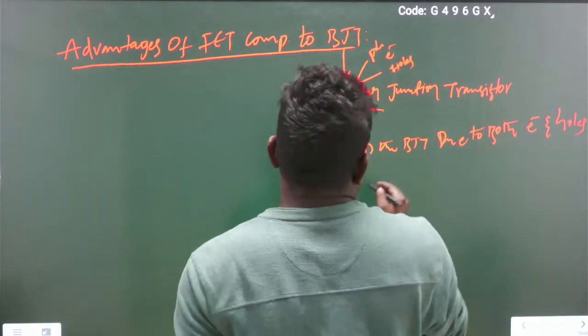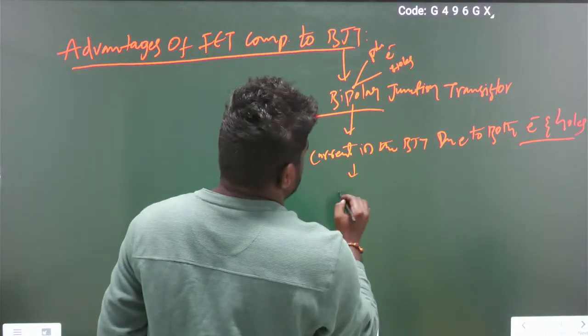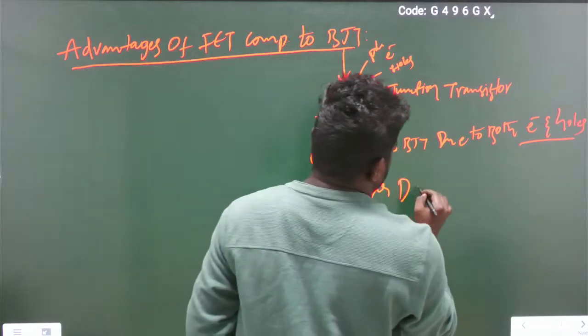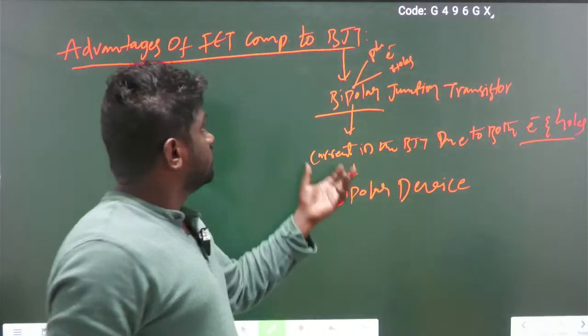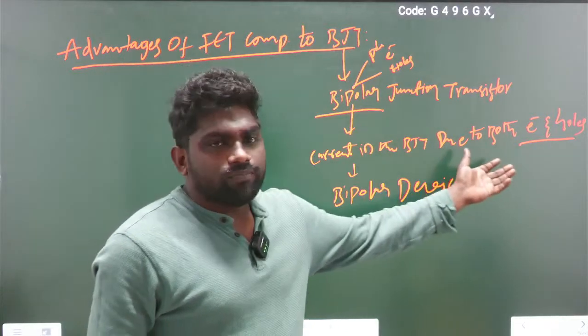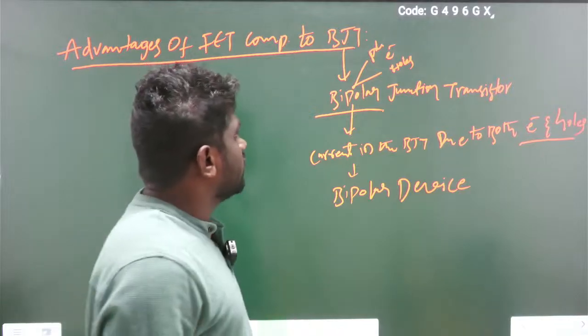That is why BJT is called a bipolar device. This is very, very important. So why is BJT named a bipolar device? Because the current in the BJT is due to both electrons and holes.